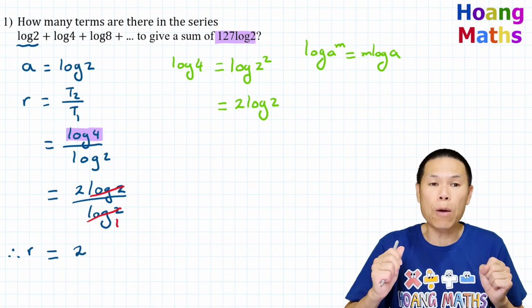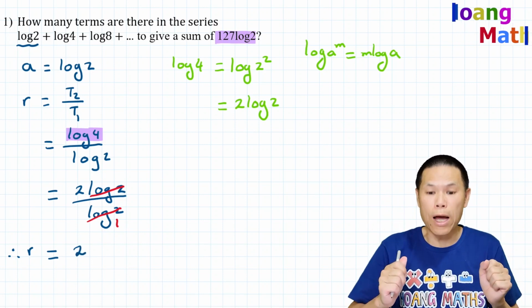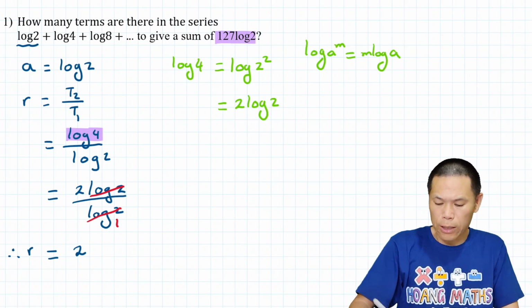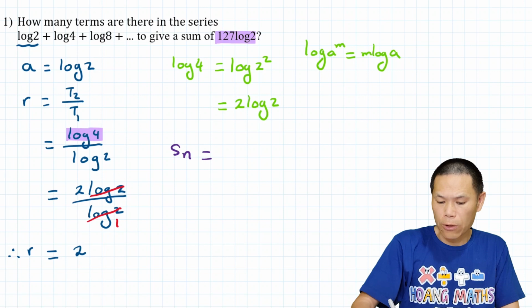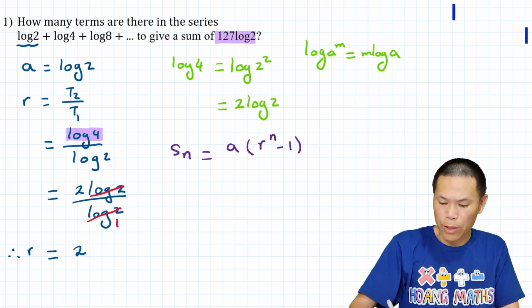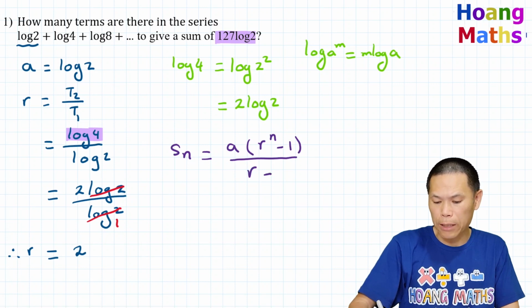Now since the common ratio is greater than 1, the rule for the sum of a geometric series is S of n equals a times r power n minus 1, divided by r minus 1.